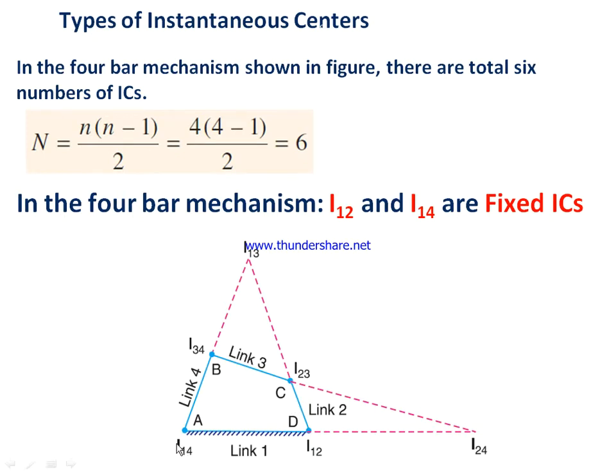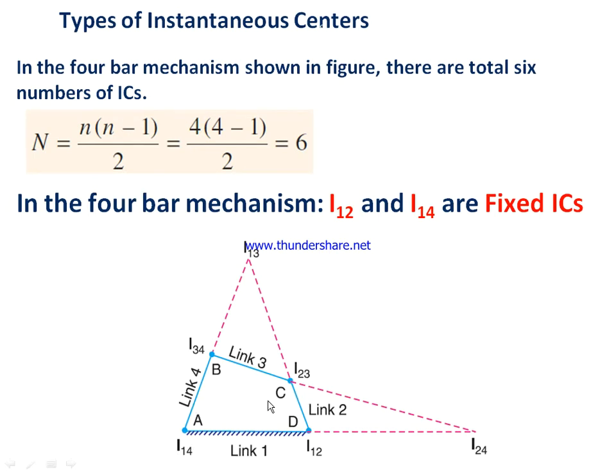Whatever may be the position of link 4 or link 2, as these two links are attached to the fixed link 1, the pin joint here at A, similarly the pin joint here at D, will have the fixed instantaneous centers.